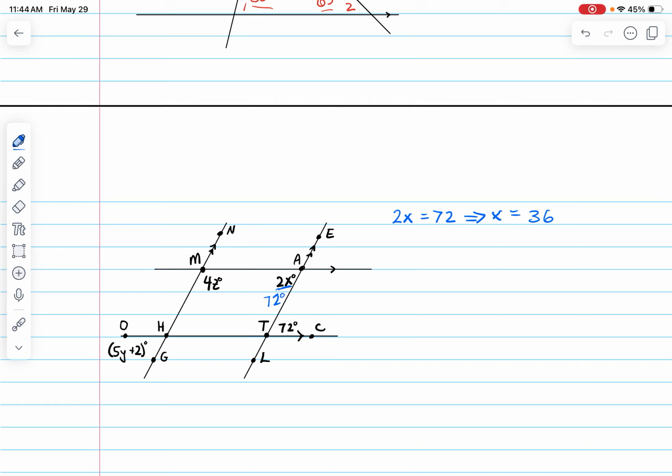Now, let's look at this parallel line and this parallel line and look upon this as a transversal. And if we do that, notice what we've got. We've got this angle and this angle. Well, those are consecutive interior angles, and they are supplementary. So we've got 4z plus 72 equals 180.